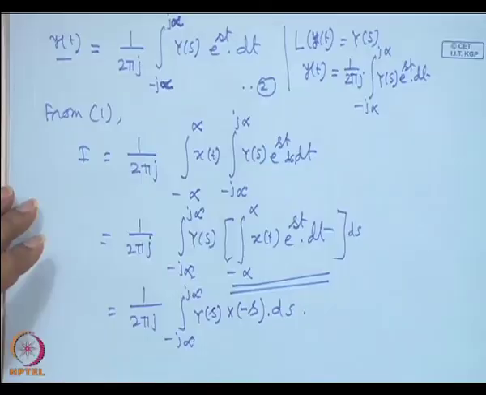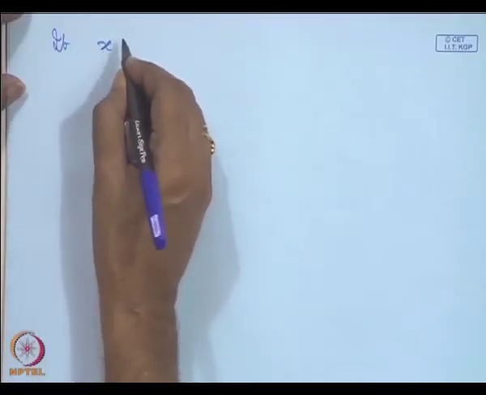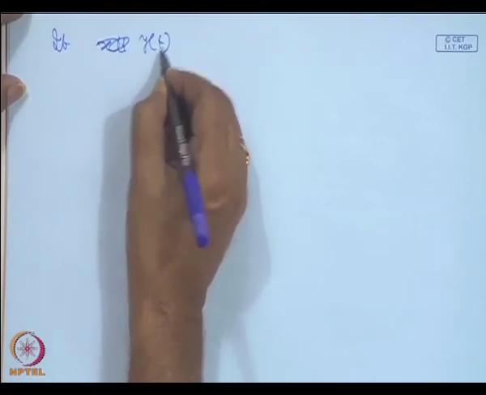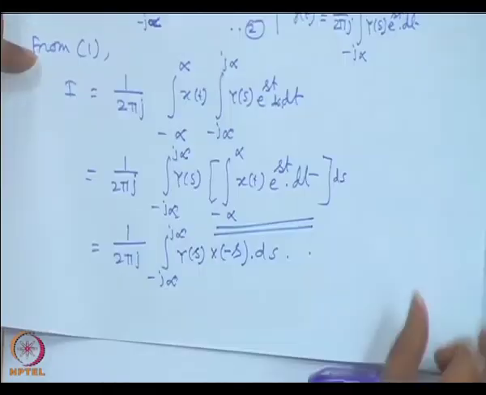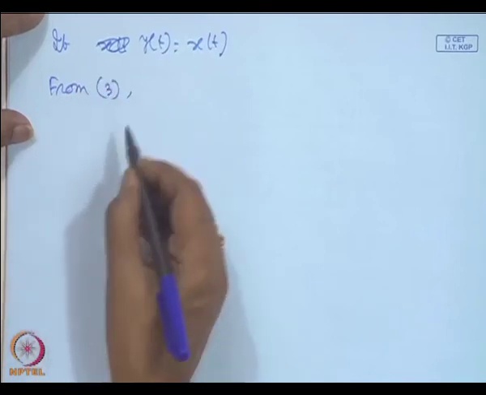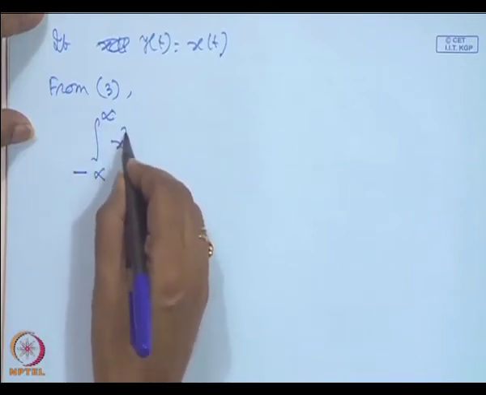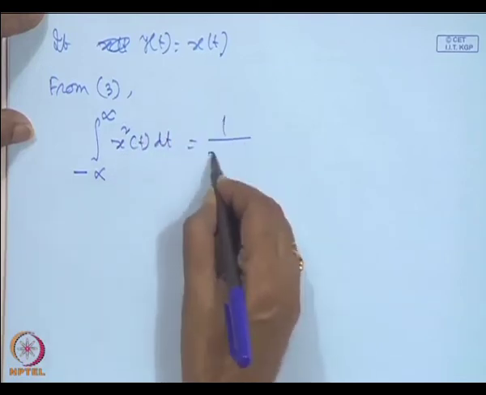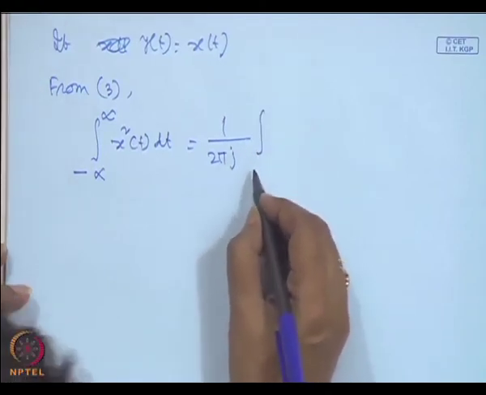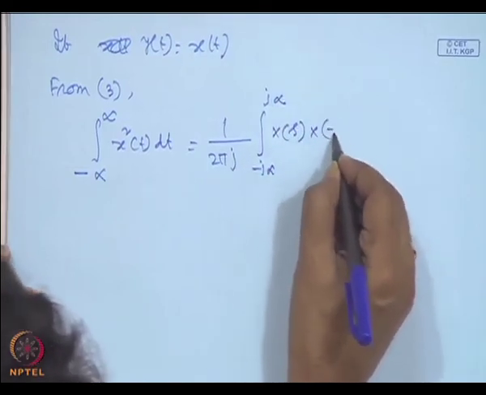If x and y are the same signal, that means y of t is replaced by x of t, then from equation 3 we can write that the integral from minus infinity to plus infinity of x squared of t dt is equal to 1 by 2 pi j, integral from minus j infinity to plus j infinity of x of s times x of minus s ds.